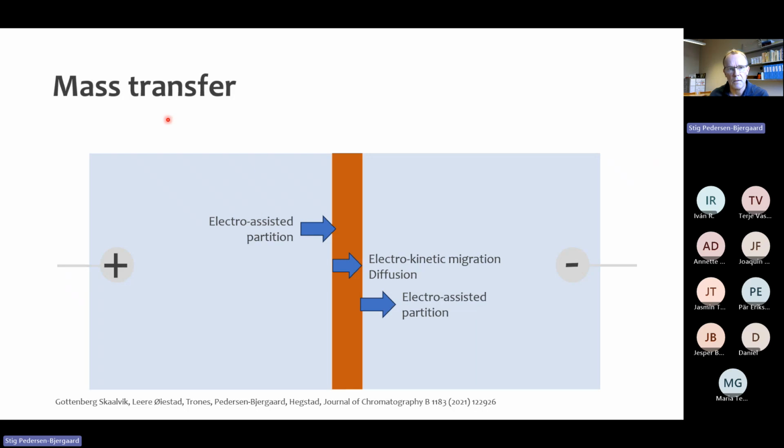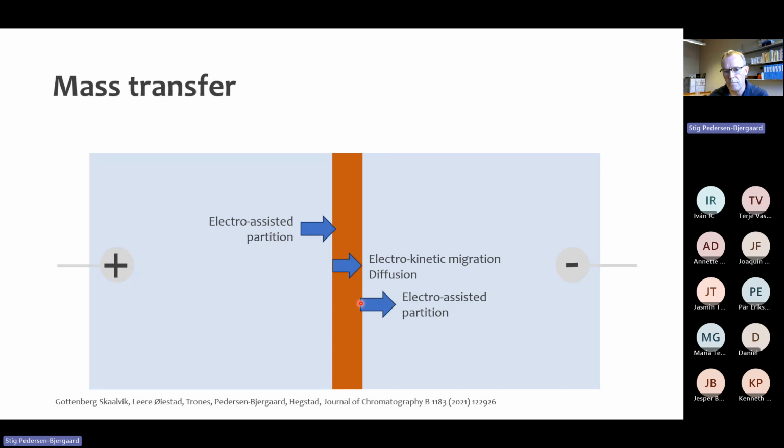So in EME, the mass transfer or the extraction process involves electro-assisted partitioning of the analytes from aqueous sample into organic liquid membrane. And then we have an electrokinetic migration of the analytes across the membrane, but also to some extent diffusion.